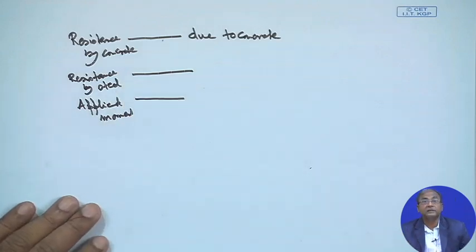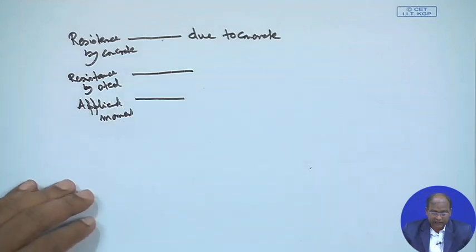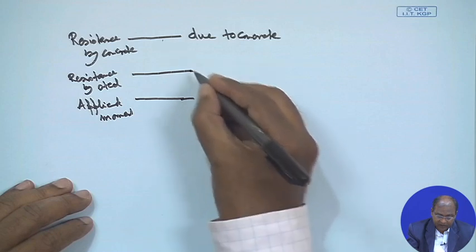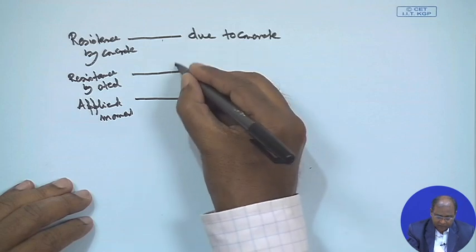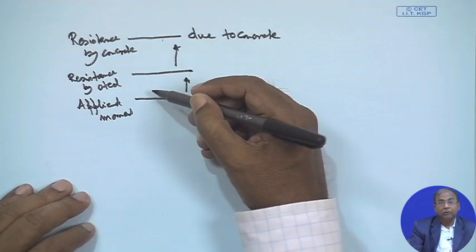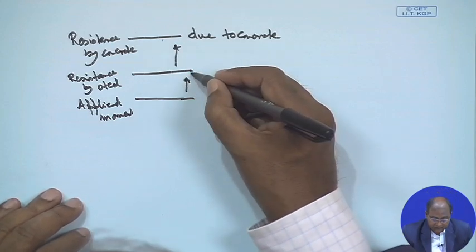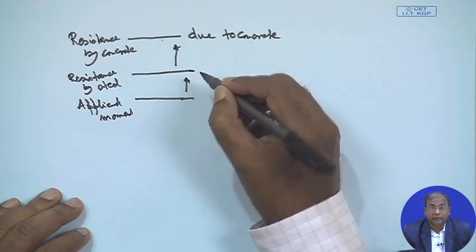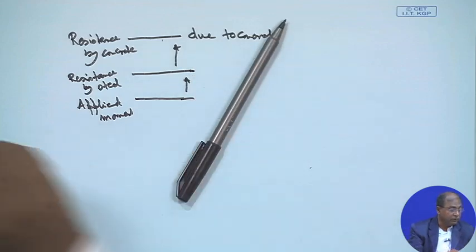So, the steel will come here, so that we can find this one in between. So, we can always give guarantee that it is actually becoming under reinforced. So, this is the one we are getting here.